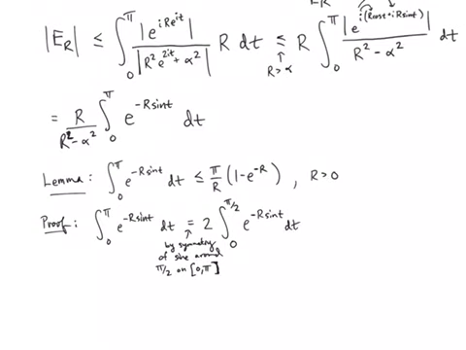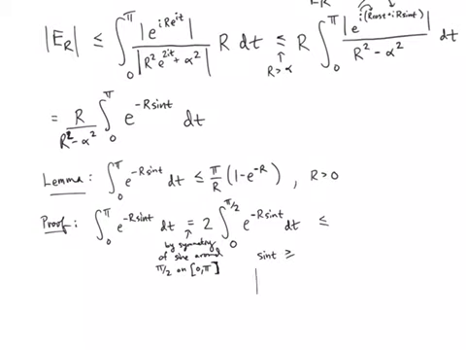And then on the interval from 0 to pi over 2, we want to estimate this from above. So I have this negative here. Sine is positive on 0 to pi over 2, so this negative is a negative quantity. To say that negative quantity is less than or equal to something, I want to say that sine of t is greater than or equal to something.